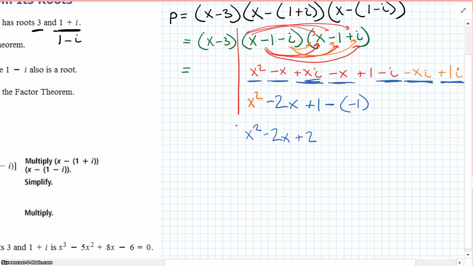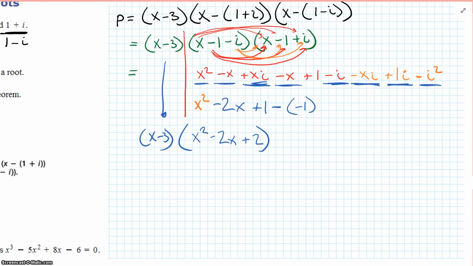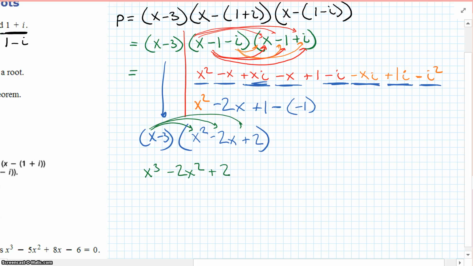Now I'm going to multiply that by x minus 3. So let's distribute the x. x times x squared is x cubed. x times negative 2x is negative 2x squared. x times positive 2 is positive 2x. Negative 3 times x squared is negative 3x squared.